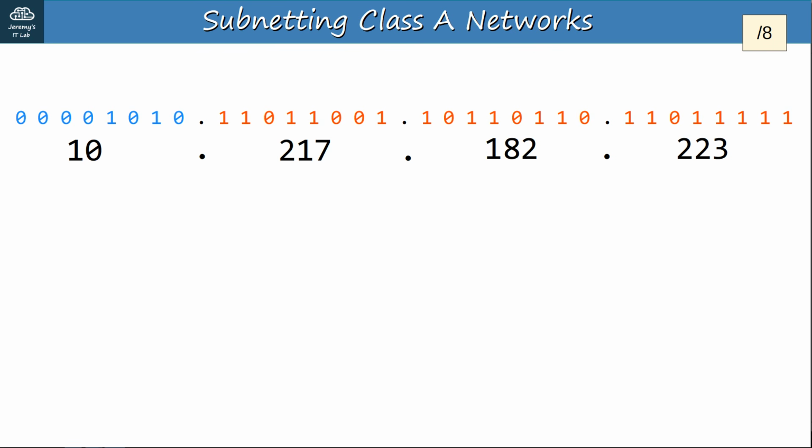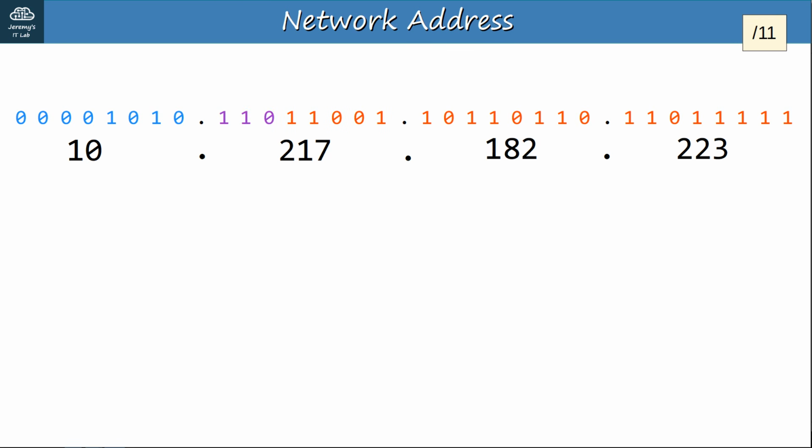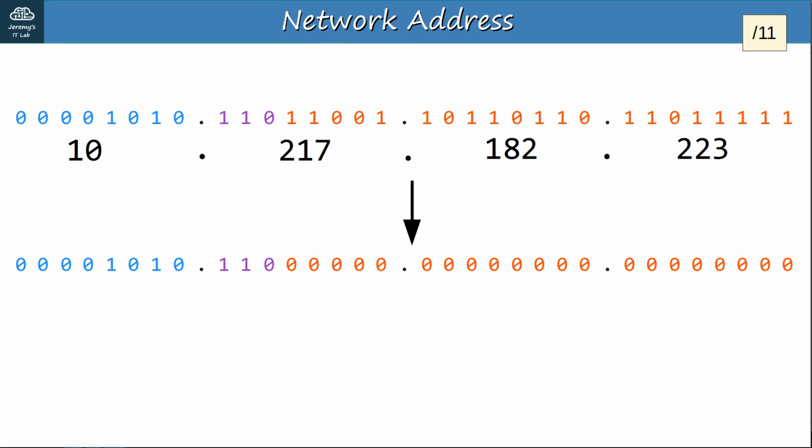Here's the address written out as a normal /8, so 8 network bits and 24 host bits. But it's not /8, it's /11, so there are 3 borrowed bits. To find the network address, change all of the host bits to 0. Then change it back to dotted decimal. So there's the network address, 10.192.0.0.